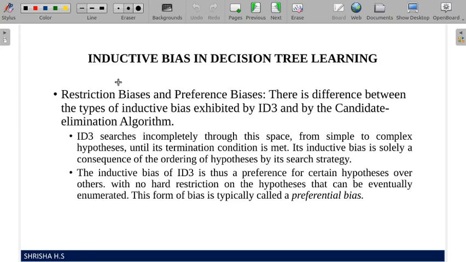ID3 picks the first hypothesis which suits its characteristics, and as it prefers a shorter tree, ID3's inductive bias is called preferential bias.